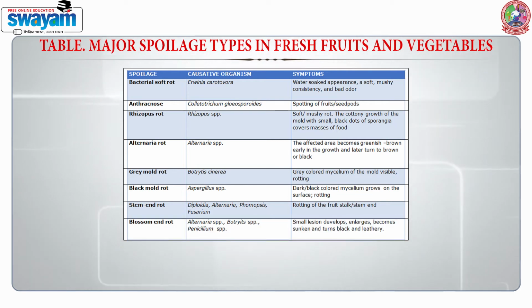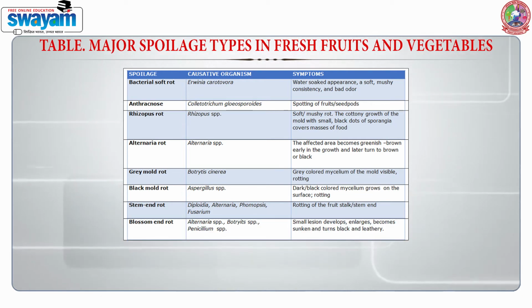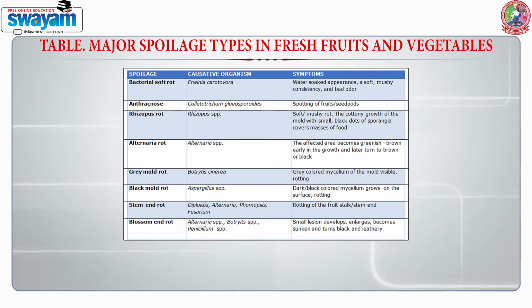Another rot is blossom end rot, which is also caused by Alternaria and Penicillium species, and the physical appearance is small lesions which gradually enlarge and become sunken and turn black and leathery.